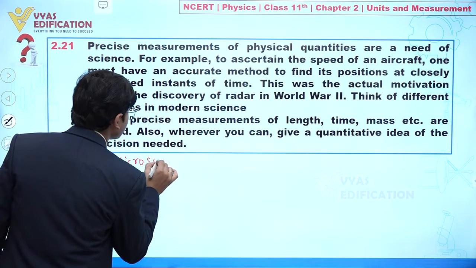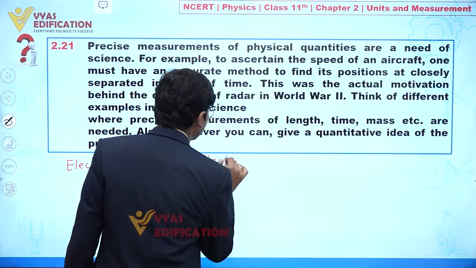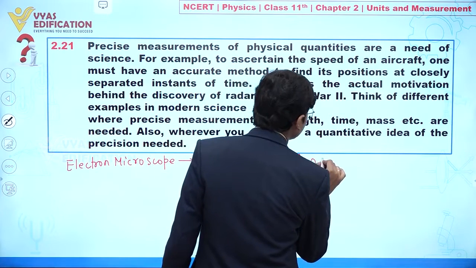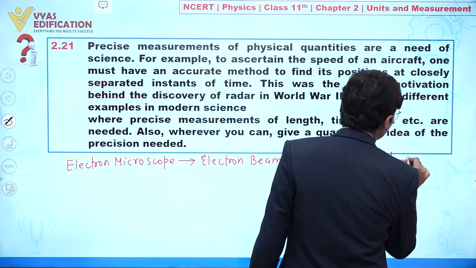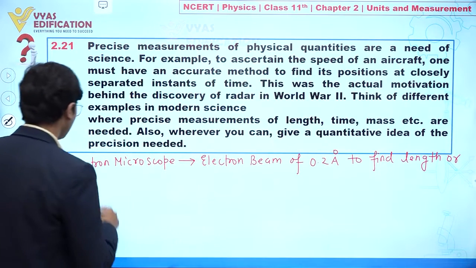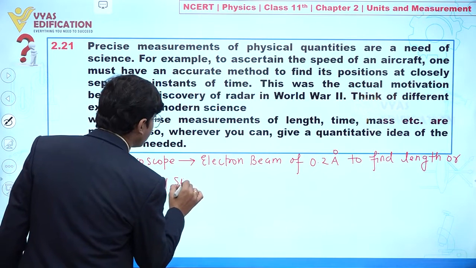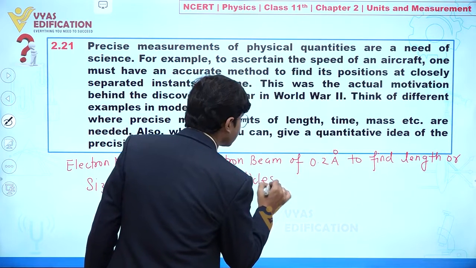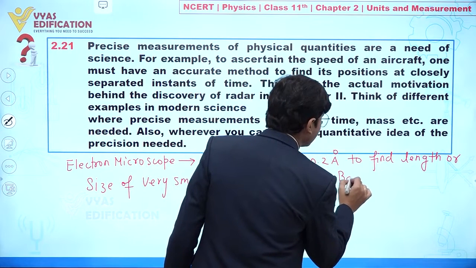This electron microscope utilizes an electron beam of about 0.2 angstrom to find the length or size of very small particles, like viruses, bacteria and so on.